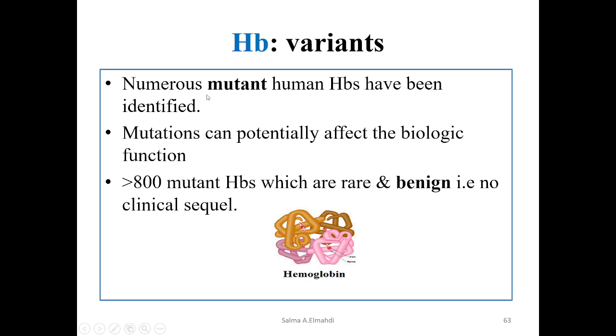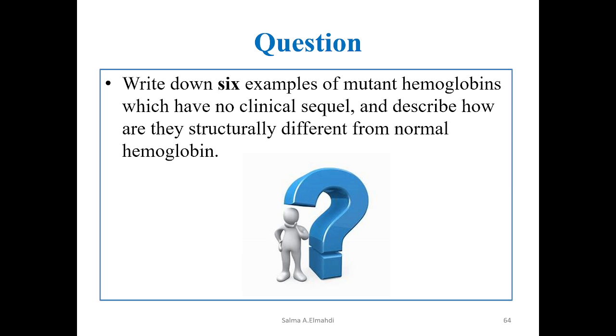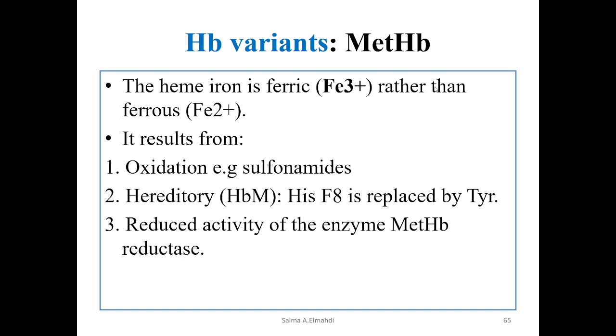So these mutant forms of hemoglobin can either be benign, without any clinical significance, not affecting the function of hemoglobin, or they can affect the function and have certain consequences. So the question for you is to write down 6 examples of mutant hemoglobins which have no clinical sequelae and describe how they are structurally different from normal hemoglobin.